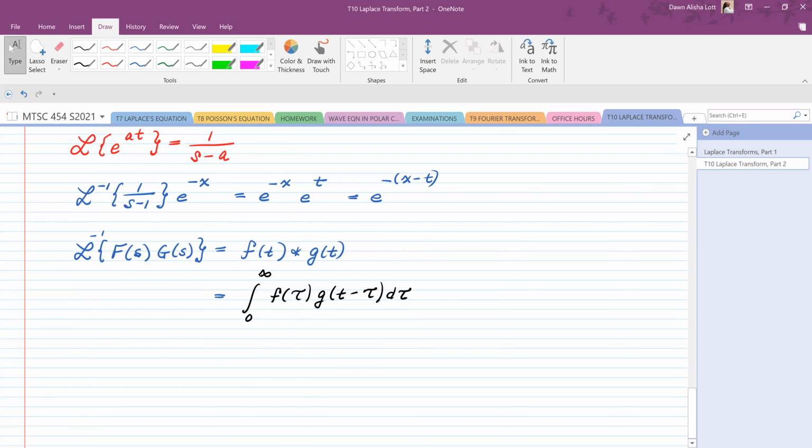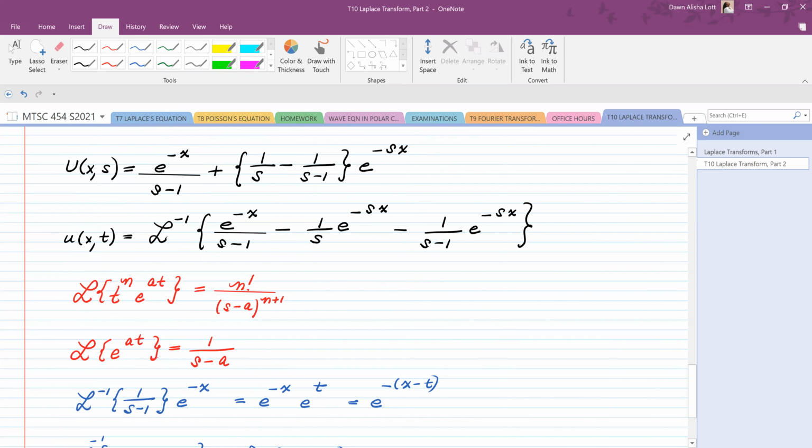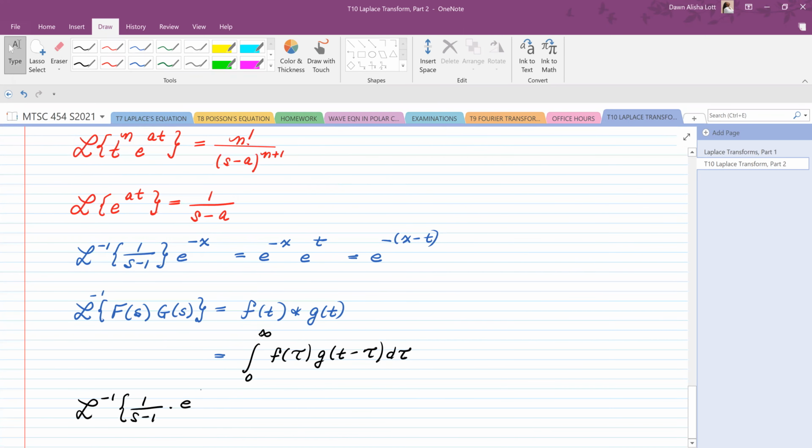So the inverse Laplace transform of 1 over s times e to the minus sx involves two different transforms.